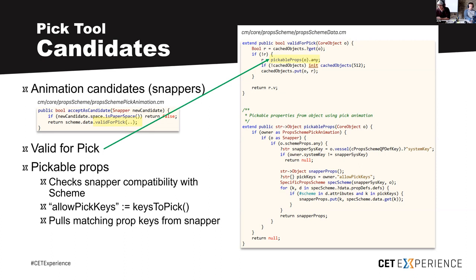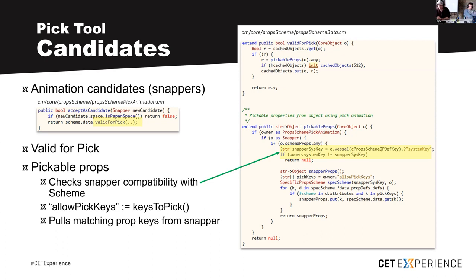That method really just caches the objects that you're hovering over. The main meat of this tool is in the pickable props. It grabs an object, checks to make sure it's a snapper object, and then checks for compatibility. The first line of defense it has is it checks to make sure that whatever snapper you're targeting is actually relevant to the scheme that started the animation.